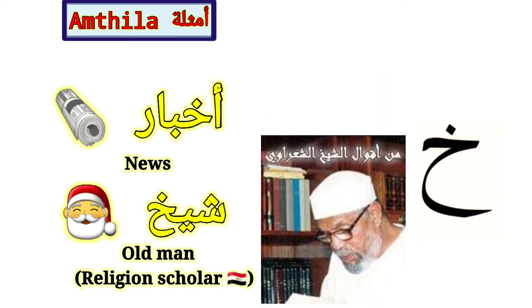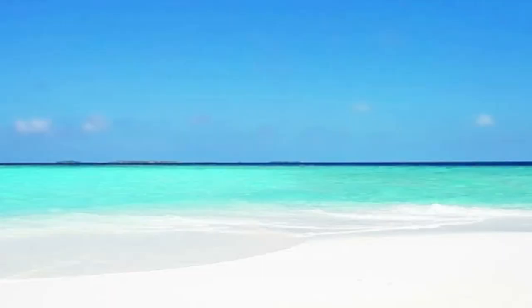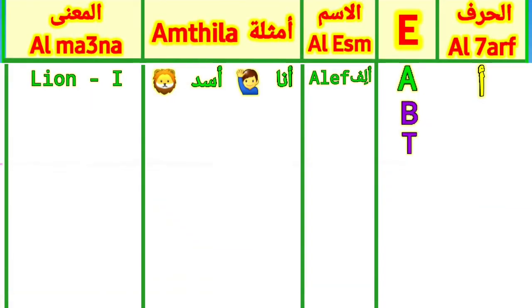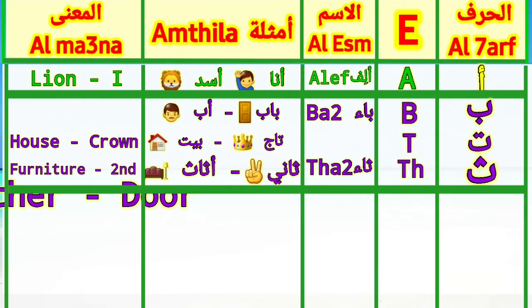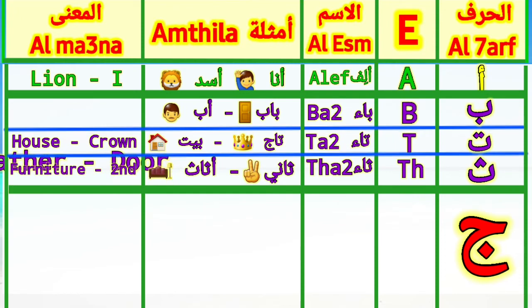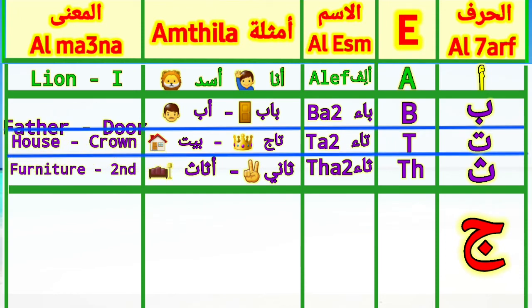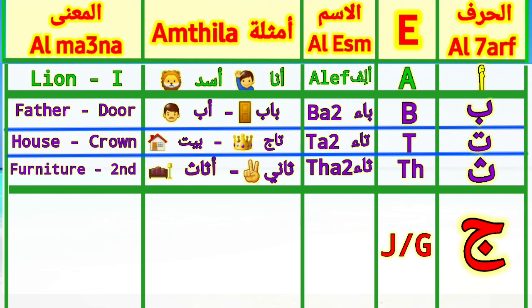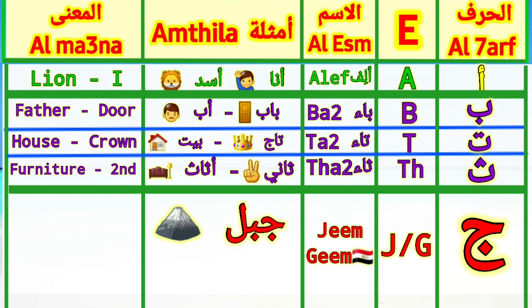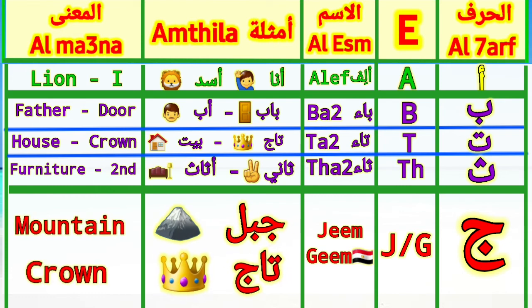Okay? So yalla, let's take our 3 sisters as well, Gim, Ha, Kha, and put them in the table just to recap. The first one was Jim or Gim in Masri, equivalent to J or G, depends. The letter name is Gim or Jim. Examples: we said Gabal means mountain, or Tag means crown.